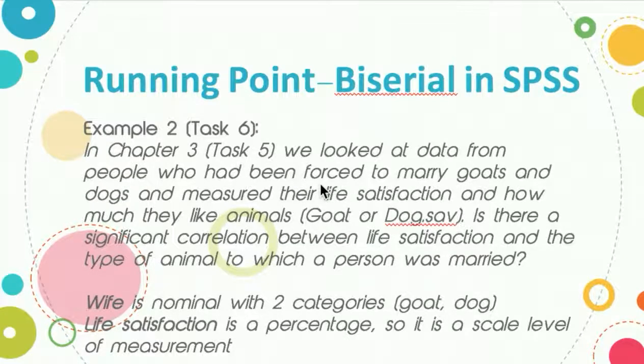I'm now going to share with you another example of how to run a Point-Biserial in SPSS. This is a take on task 6 of chapter 7. To set up the scenario, we were asked to look at the data from people who have been forced to marry goats and dogs and measure their life satisfaction and how much they like animals, using the goats or dogs SAV file.